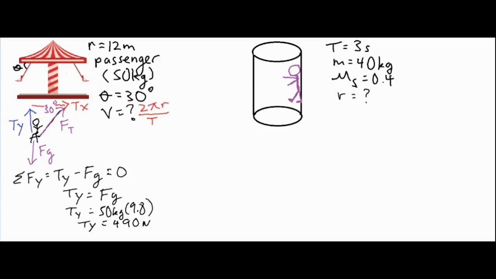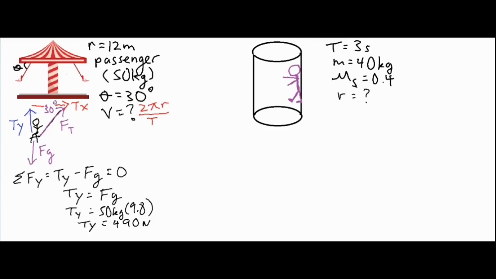So the second way I'm going to look to is using a centripetal acceleration type calculation, because centripetal acceleration is v squared over r. Now, if I'm taking a look at these forces, the only force I have that's centripetal is Tx. Tx is the part that's directed towards the center of the circle.